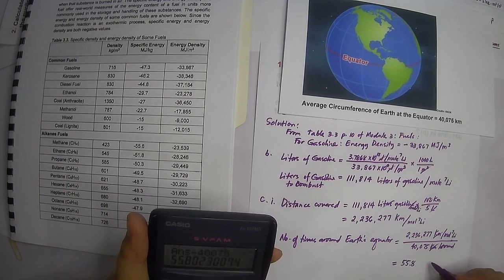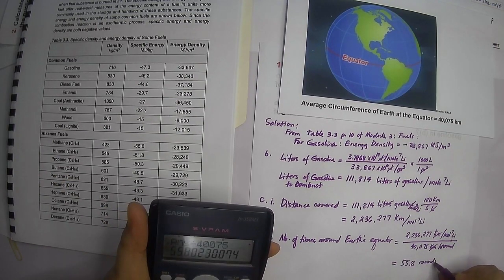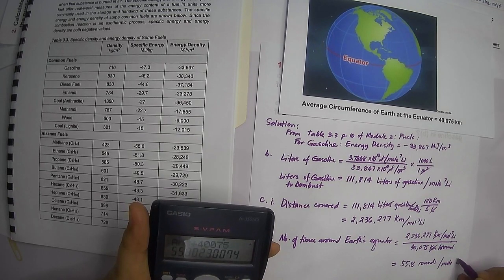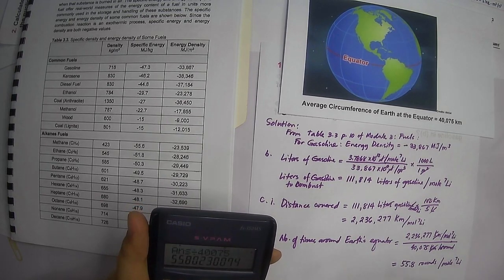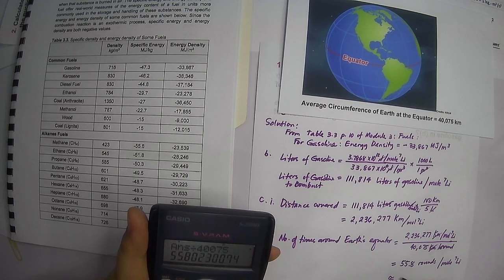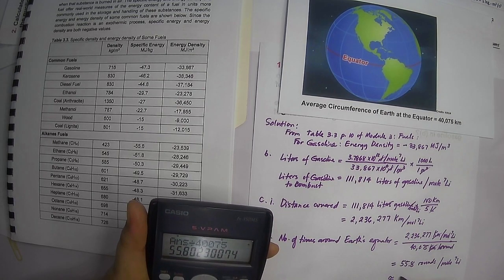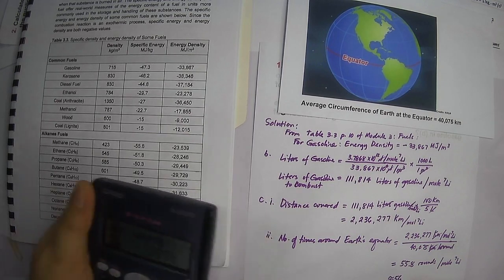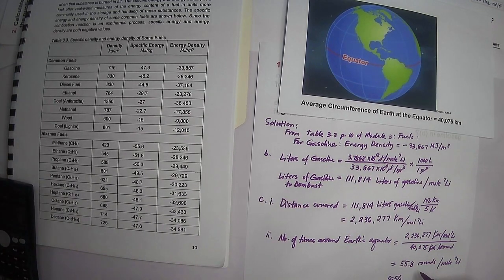That will give you 55.8 rounds per mole of lithium 7. So that means you have approximately 56 times.